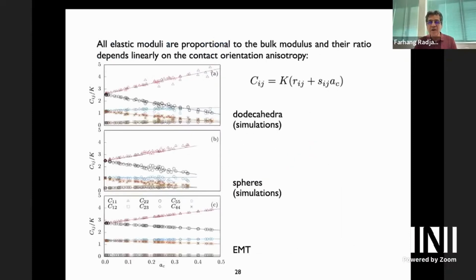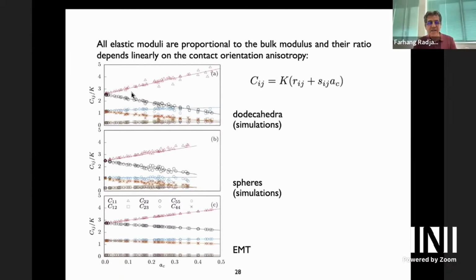So if we divide the elastic moduli by K, we get something which depends only on the anisotropy. And here our data confirms this. So here are our data for different components, C11, C22, C55. We have a quite nice linear dependence on AC.